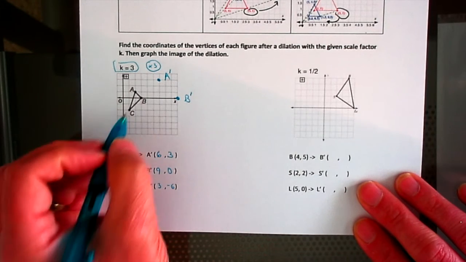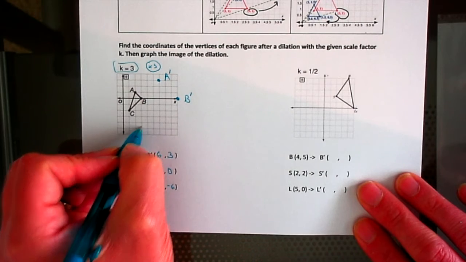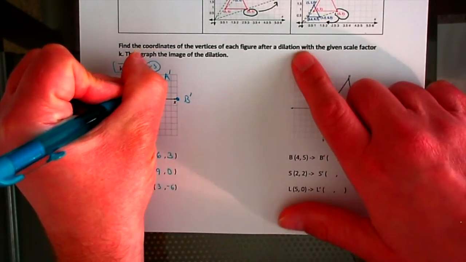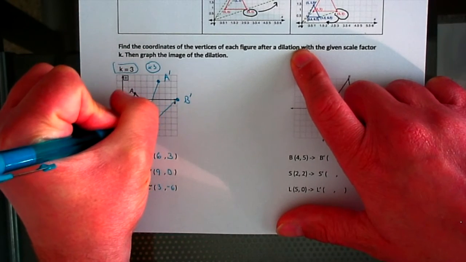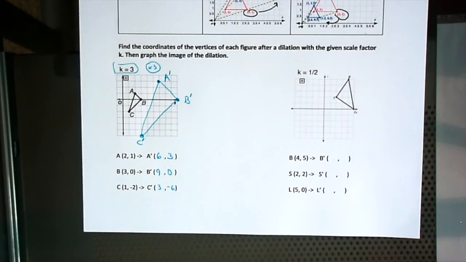And then the next one is 3, then negative 6. 1, 2, 3, 4, 5, 6. There's C prime. Then I just connect the points. I get the same figure, just larger. So that's what I'm doing with that one.